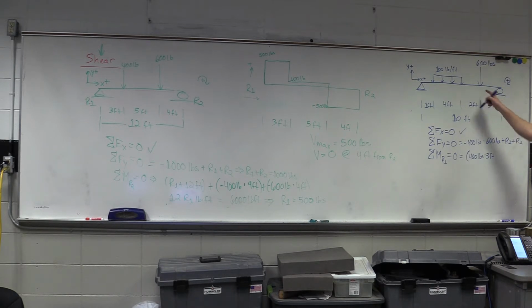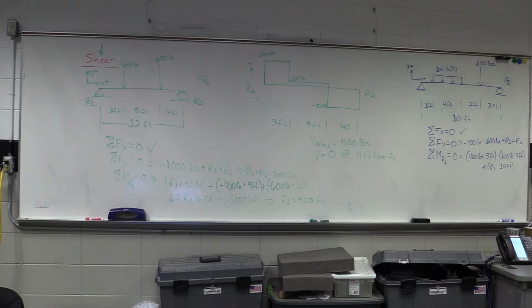What about the 600 pounds? How far away is 600 pounds? 7 feet away. And then we have R2, 10 feet away, and R2 is going to be negative, right?